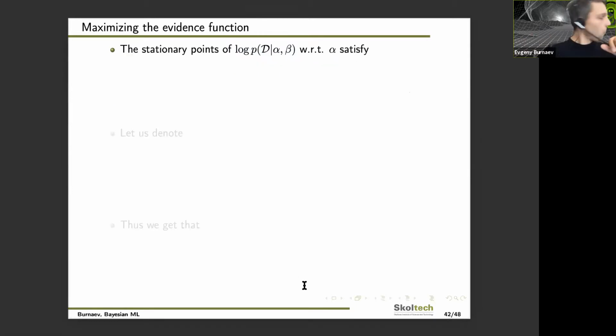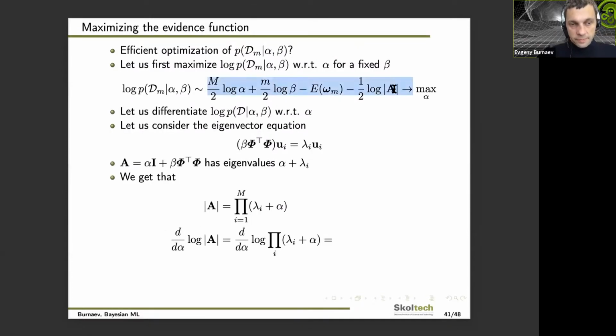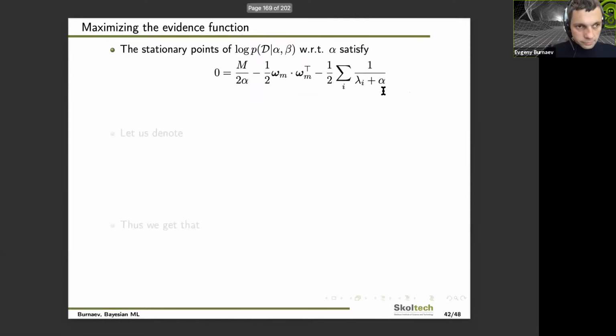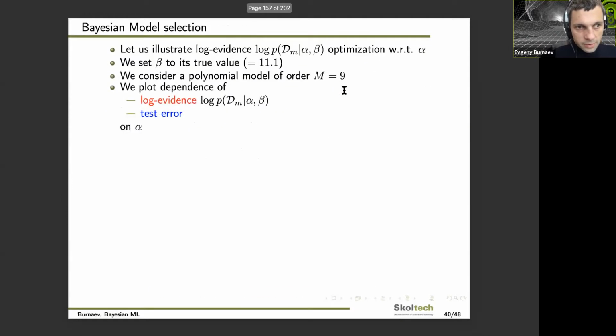So what do we get? Let us calculate the stationary point of log evidence with respect to alpha. So I take this expression. Here it is. In this expression, only this term depends on alpha, and this logarithm depends on alpha. And also inside this function we have some dependence on alpha.